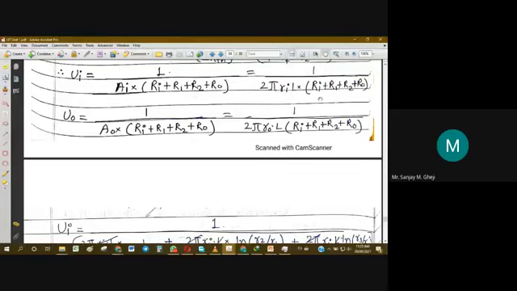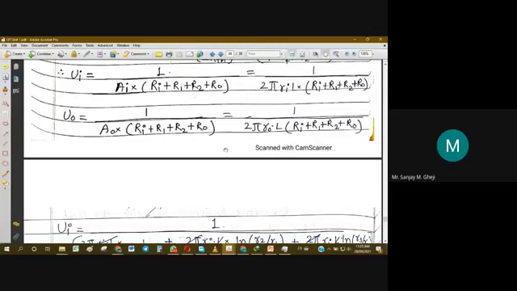We will substitute the formulae of Ri, R1, R2 and RO, which were obtained earlier, and we will multiply each term by this and expand the bracket. So the first term will be 2 pi Ri into L into Ri. The second term will be 2 pi Ri into L into R1. The third term, subsequently, will be like this.